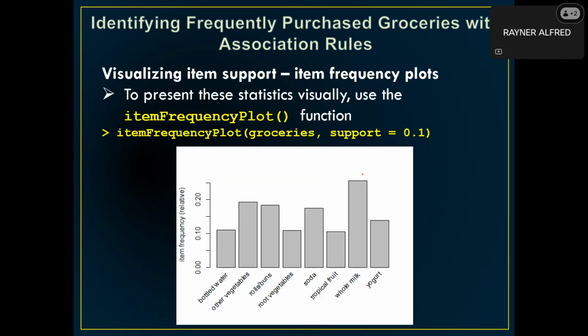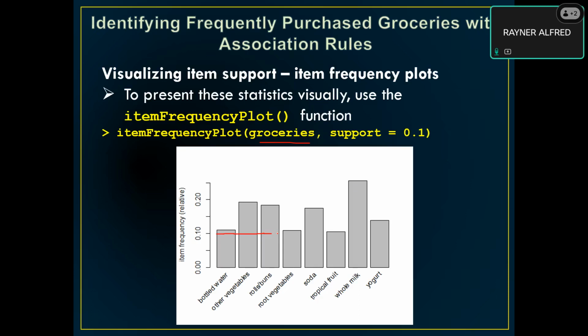We can also use plotting to look at the groceries that have support of at least 0.1. This is the item frequency function, where we want to visualize the item support.